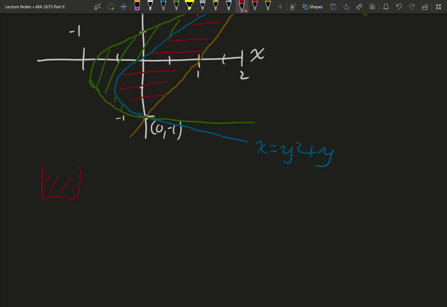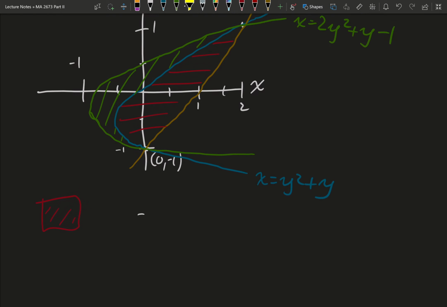So on just this red region here, we can look at our 3 equations. We need to pick some point inside this red region that we will evaluate these bounding equations at.